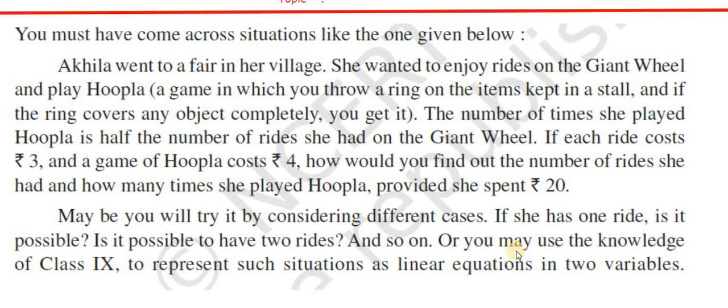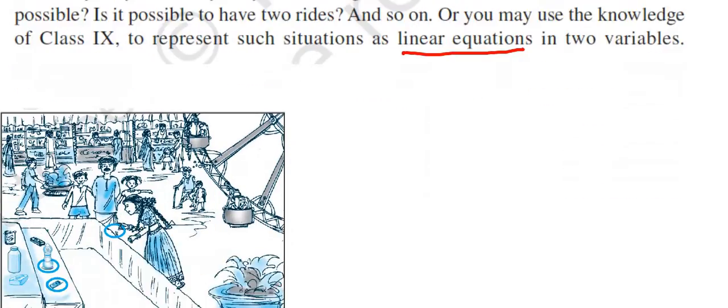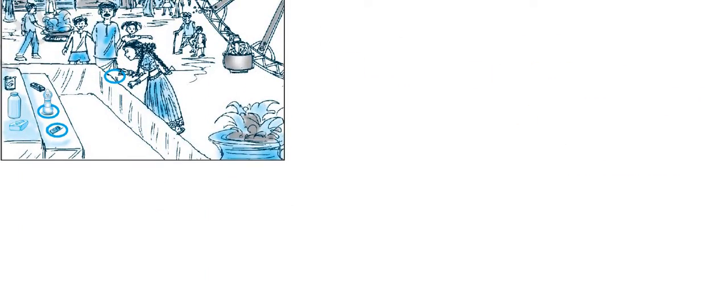And so on. Or you may use the knowledge of class 9 to represent such a situation as a linear equation in two variables. This chapter you studied in your previous grade, in ninth grade, that is linear equations in two variables. Now what are we going to do?